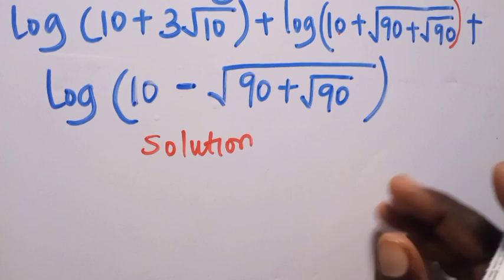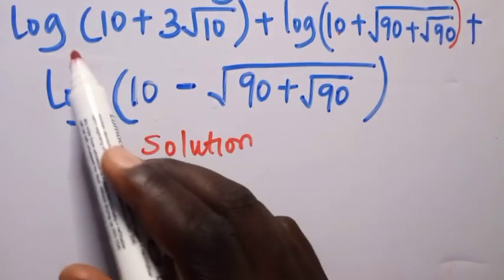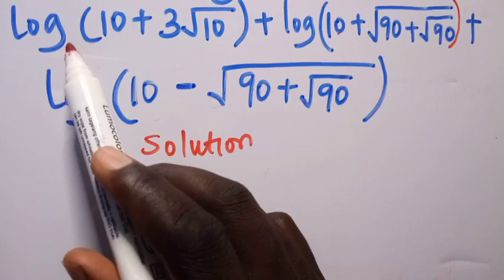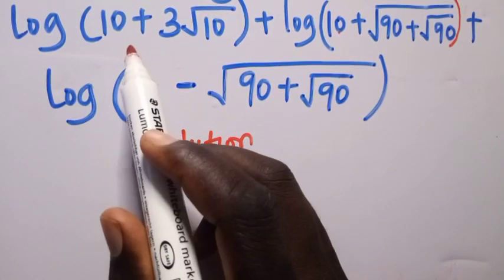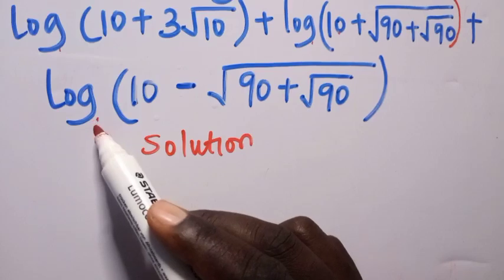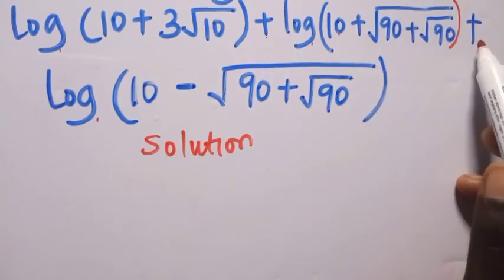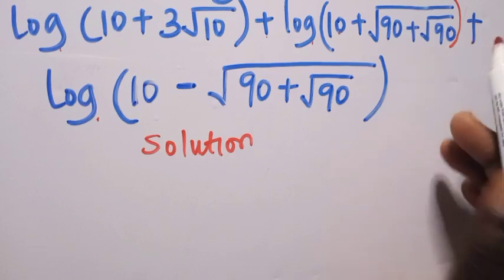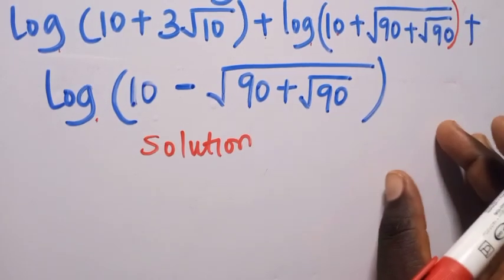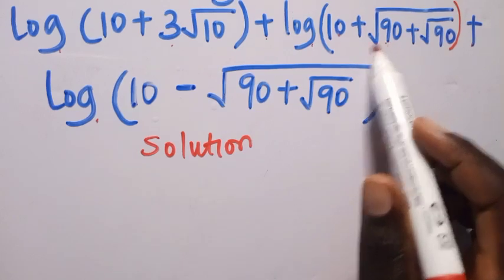From the basic laws of logarithms, since these are logarithms of the same base with an addition sign in between, we can combine them through multiplying.